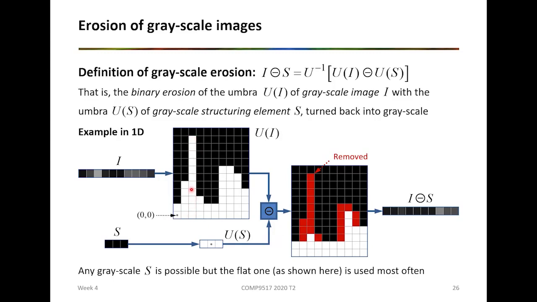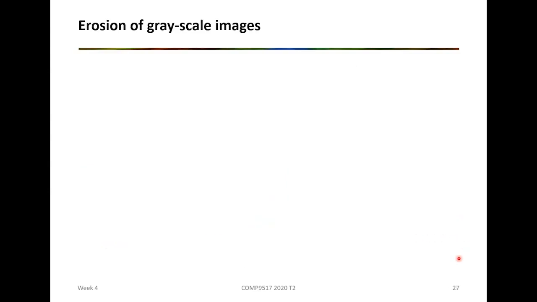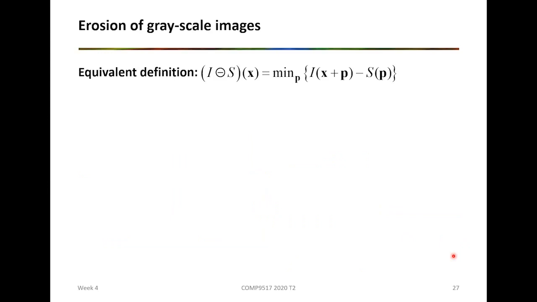You look at the height of this column and of its neighbors, and you see that this neighboring column has the minimum height, so this column also gets the same height. That's what you see here. And the same for all the other columns. So in effect, what this operator does is it takes a local minimum. And that is the alternative or equivalent definition of grayscale erosion.